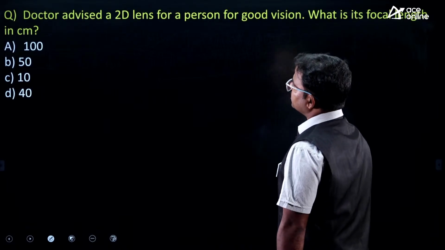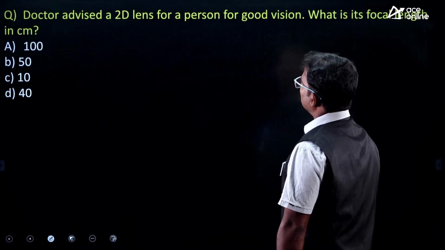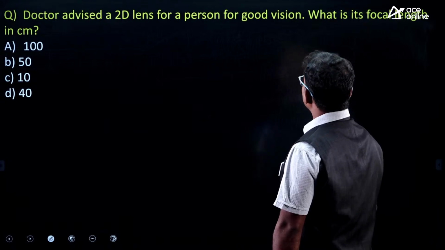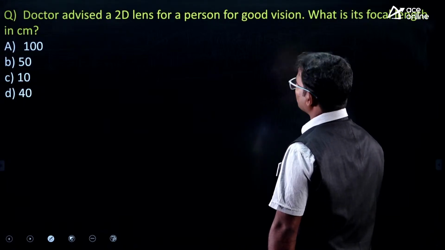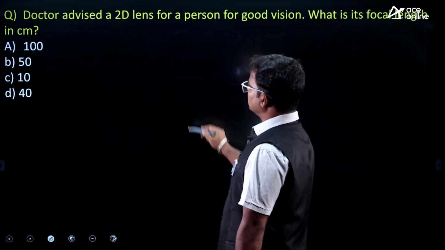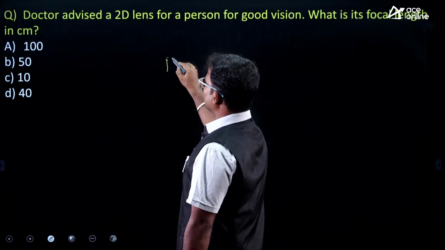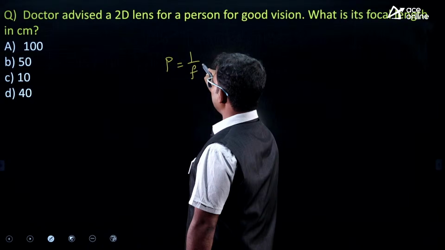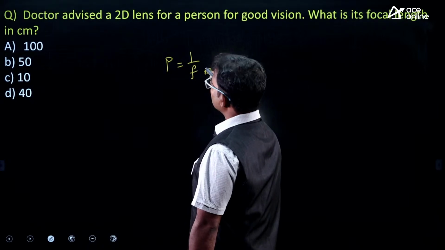Next one. Doctors advised a 2D lens for a person for good vision. What is its focal length in centimeters? Optical power P is equal to 1 by F, with F in meters.